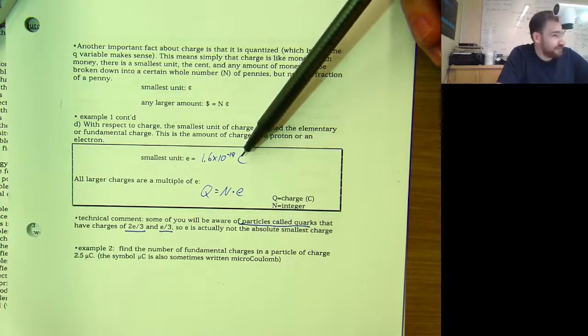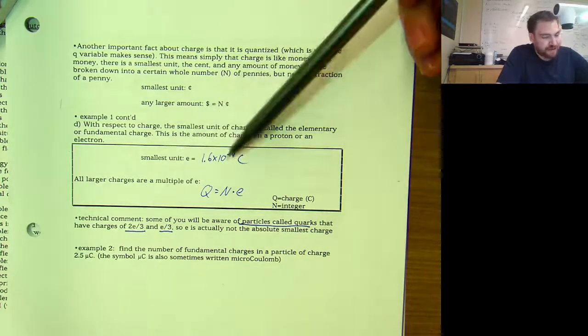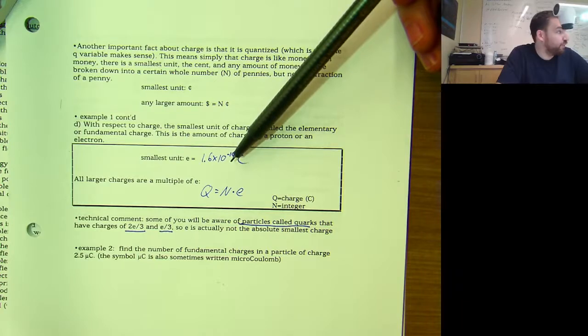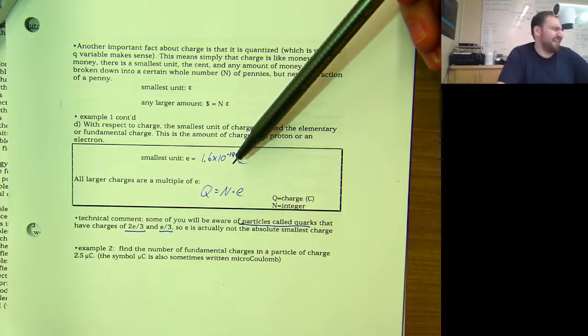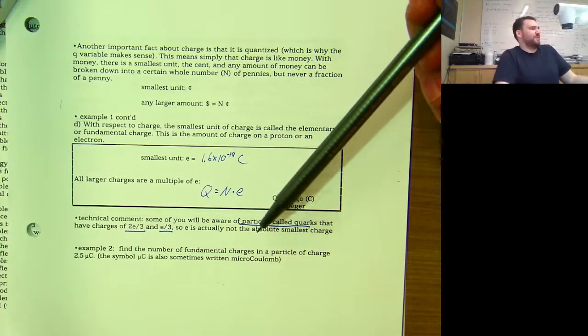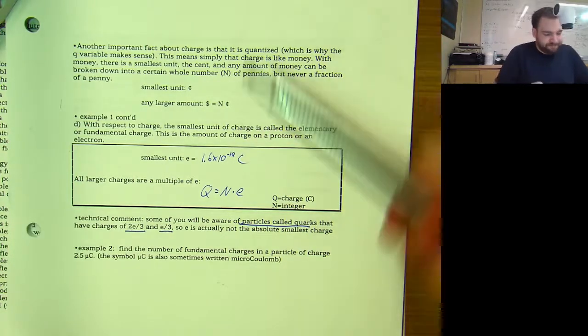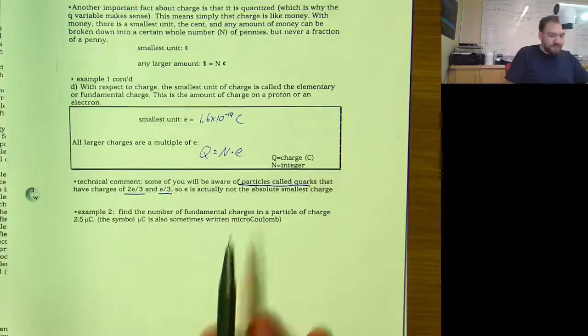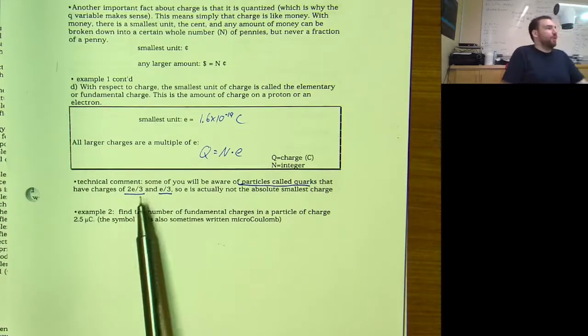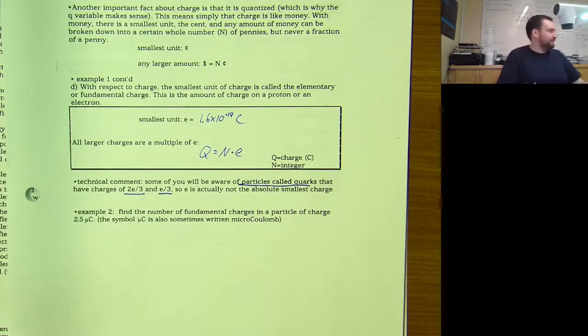But actually, these things are made of smaller things. So rather than change this number to reflect the charge of one quark, they said, well, there's two of this and one of those. So we'll just call that 2/3 e and 1/3 e, and we'll call it good. Because why break 200 years of physics when fractions exist? It was basically what the particle physicists did. Okay? So there are quarks that do this. We're going to ignore them because we can.